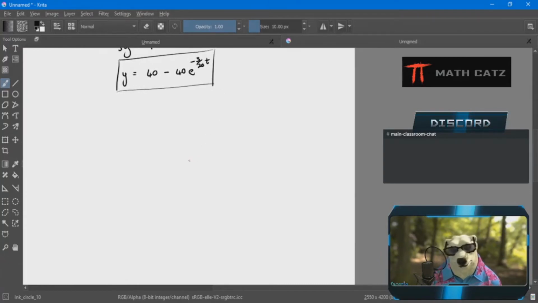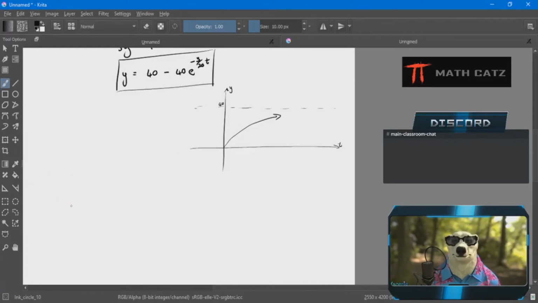And you see that it looks very similar, looks familiar, that our salt is going to increase over time, but it's going to cap out at this 40 mark, starting at 0 in this case, going up to our 40.